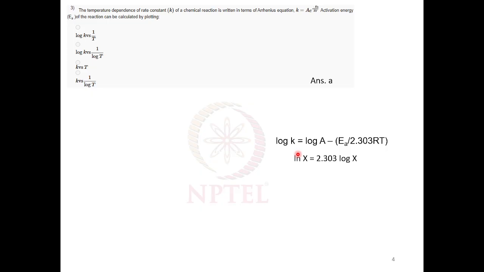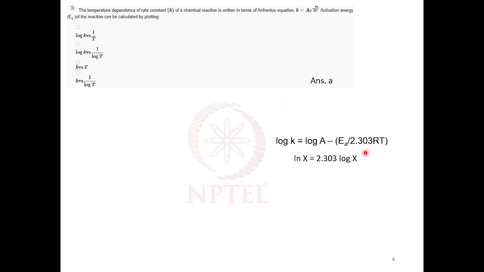So this is the answer: if you have the ln value of any parameter, then that is basically 2.3 into the log of that value, and log k equals log A minus Ea by 2.303 RT, right? If you take ln on both sides, ln k equals ln A minus Ea by RT.